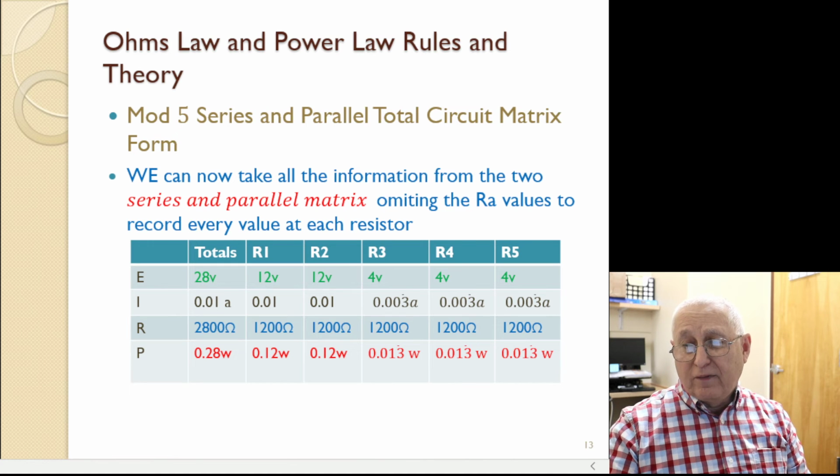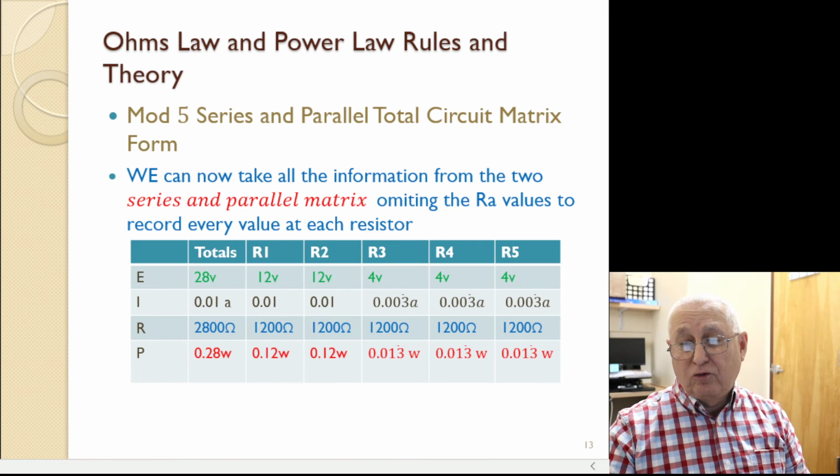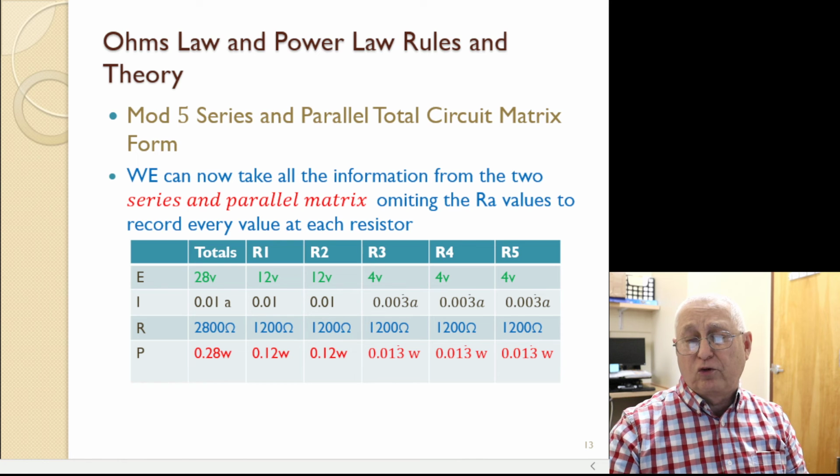We can now take all the information from this 2 series and parallel matrix, omitting the RA values, to record every value at each resistor. We're not setting up this table as if it's going to be for a series circuit or a parallel circuit. We're just recording values in the table.